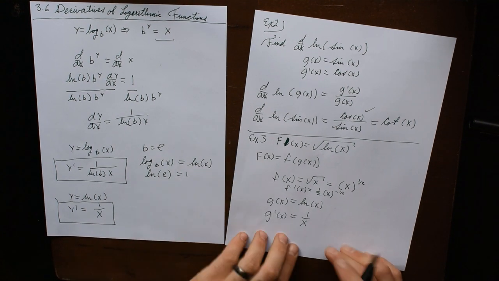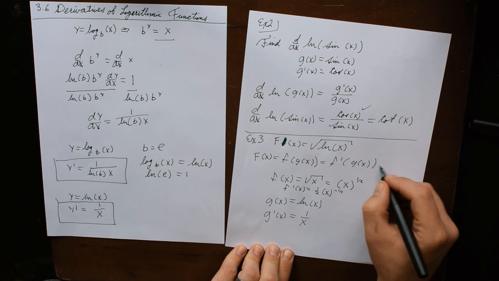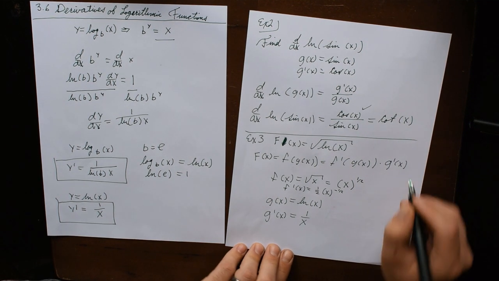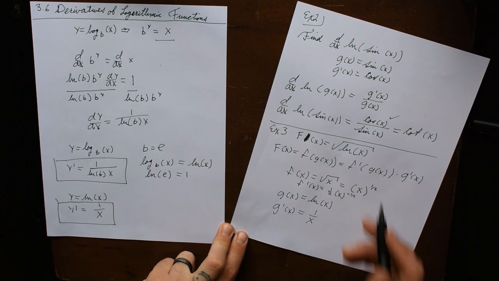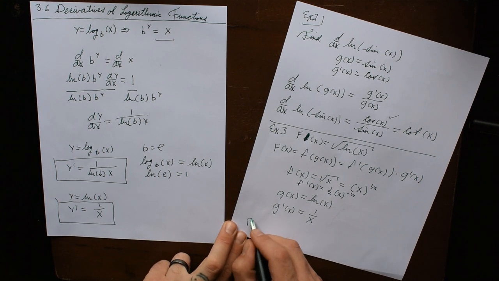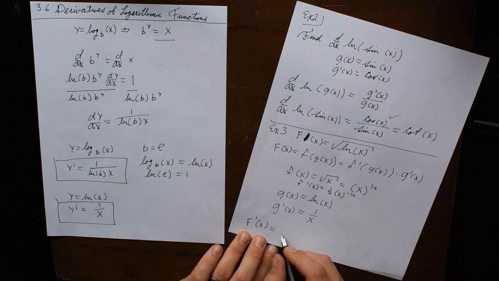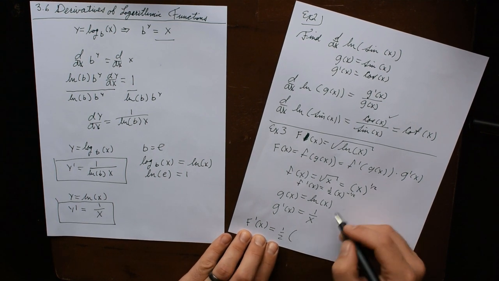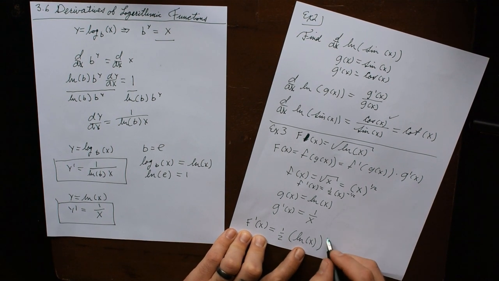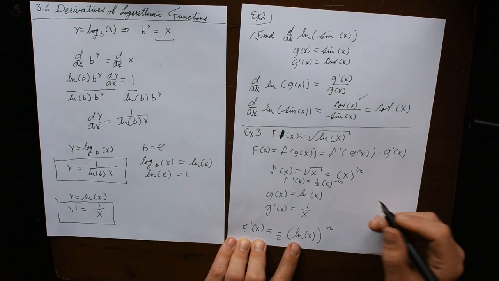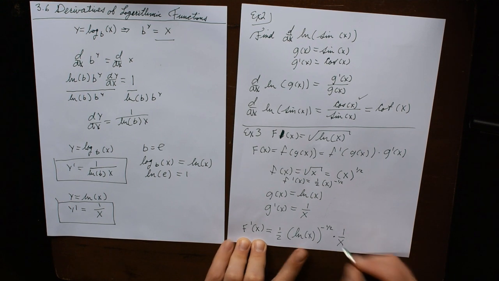So by the chain rule, f prime of g of x times g prime of x, what that says is the derivative of the square root of the natural log of x, I'll call capital F prime of x, is equal to 1/2 of g of x, which is the natural log of x, to the negative 1/2, all times g prime of x, which is 1 over x.